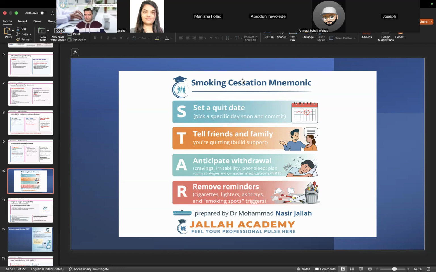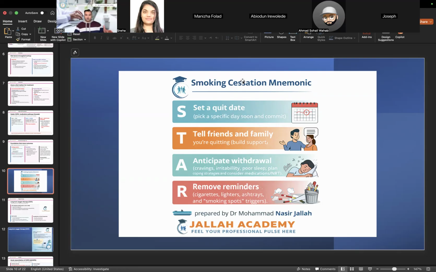They will still experience it, but not with the same intensity. So they have to anticipate that the craving will be there, irritability will be there for the few weeks, poor sleep, plan for stuff like this. They have to be prepared for it.